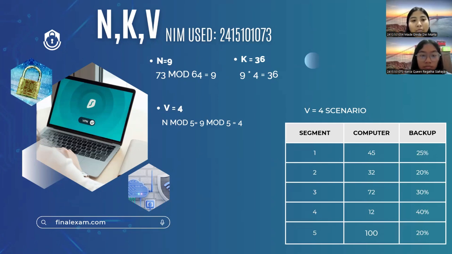For the calculation, N is 73 mod 64, which is equal to 9. Then K is calculated as 4 times N, so K equals 36. And then V is obtained from N modulo 5, which gives us V equals 4. Therefore, here we have the V equals 4 scenario.